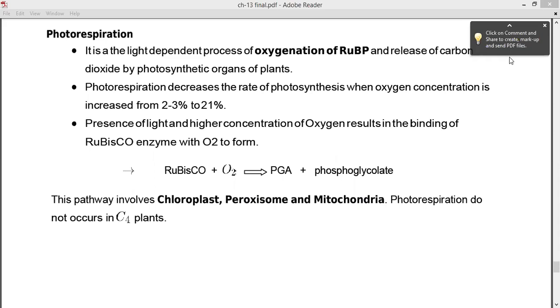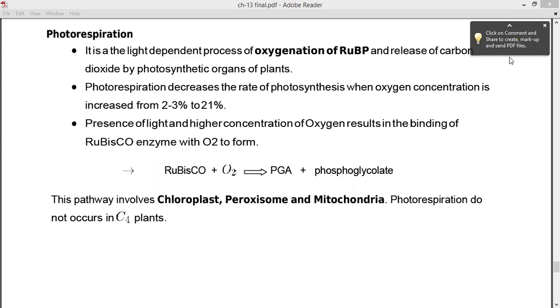Normally this photorespiration depends on the rate of photosynthesis, because just like photosynthesis, photorespiration occurs in the presence of light, so that is also a light dependent process.